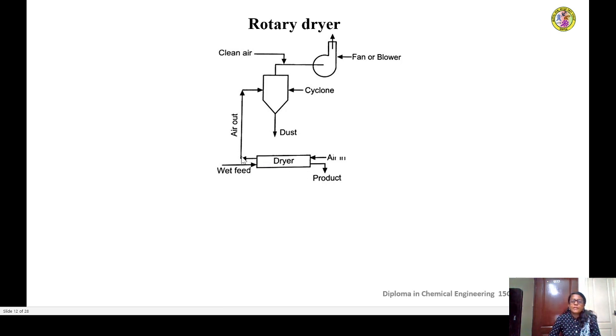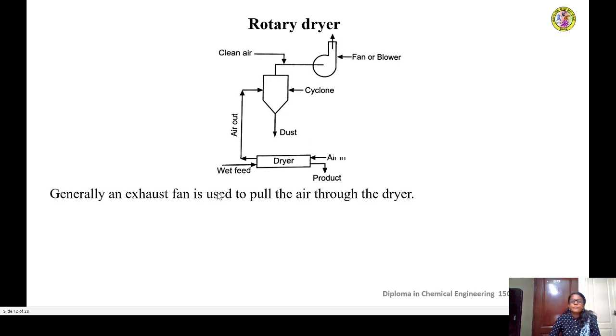These particles can be removed from the air going out of the dryer by interposing a cyclone separator between the fan or blower and the rotary dryer. The cyclone collects all the dust particles going out with the air, and the clean air along with the moisture gets discharged at this point.